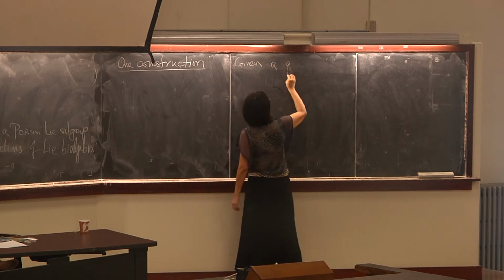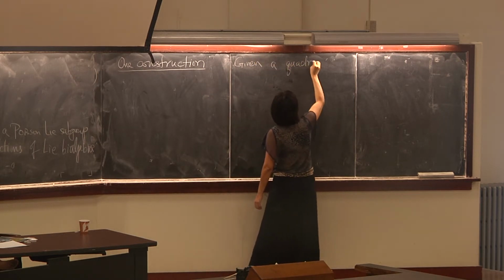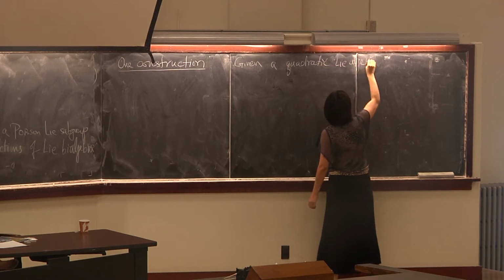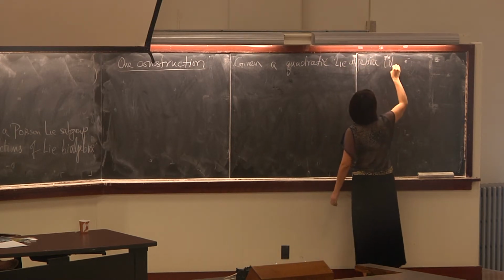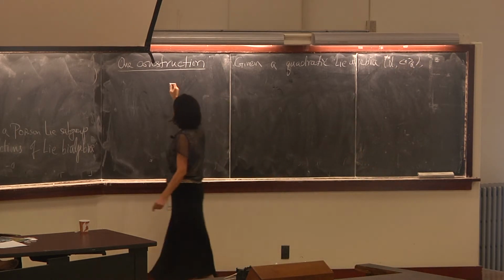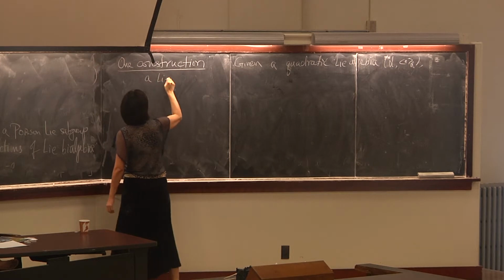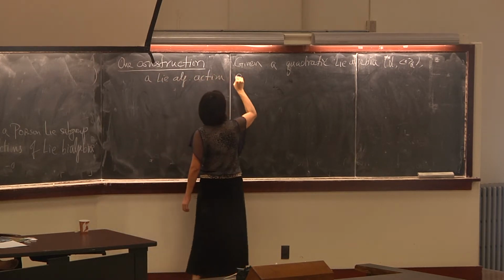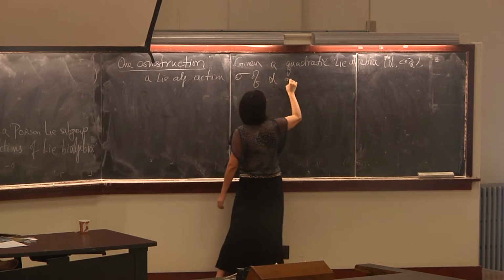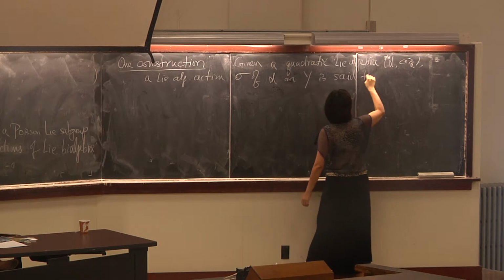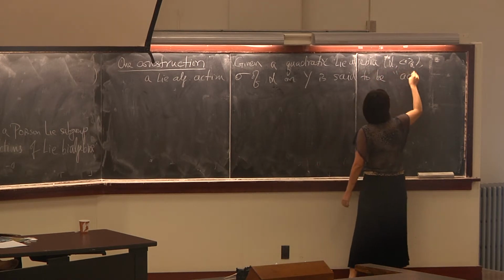So given a quadratic Lie algebra D, I call a Lie algebra action sigma of D on the manifold Y said to be admissible.